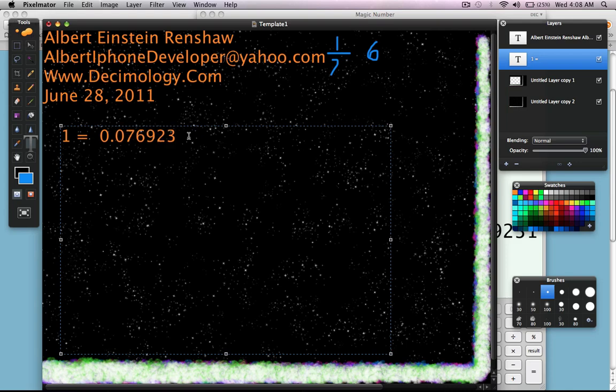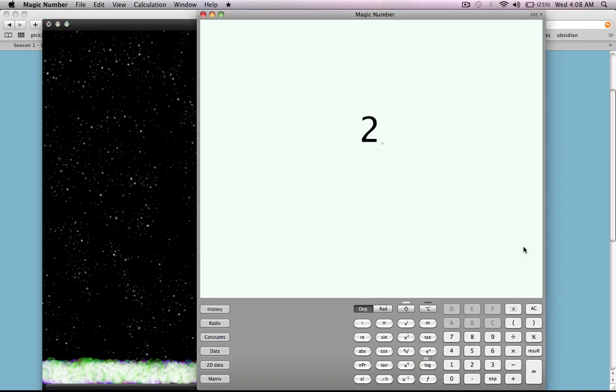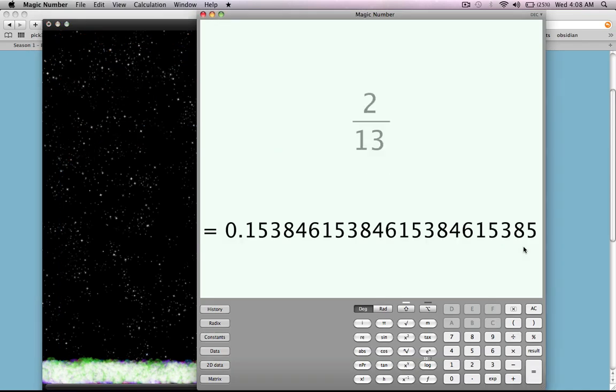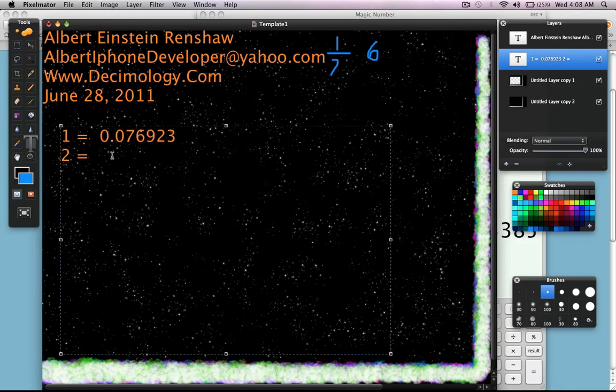And then 2/13, oh yeah, okay, so 13 alternates. Actually, I don't think it alternates 1 on 1, but there is a pattern to the alternation. 153846, 153846, 153846. And then 3, 4.